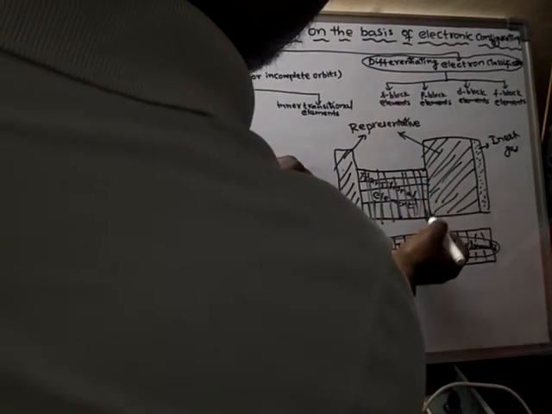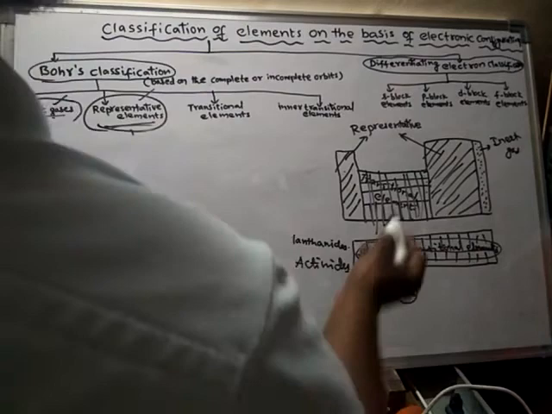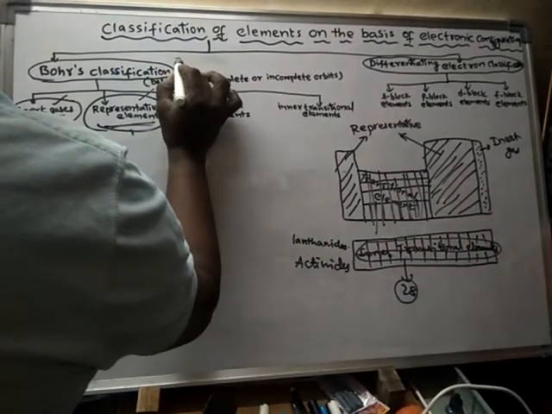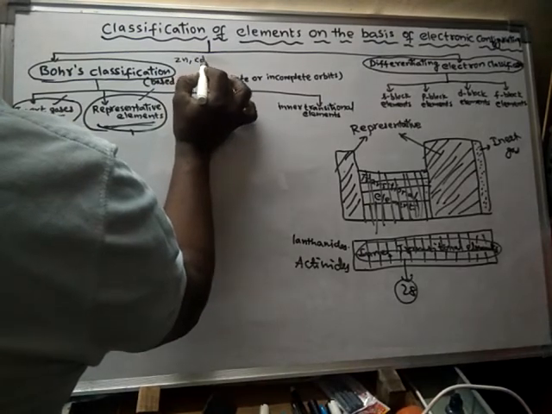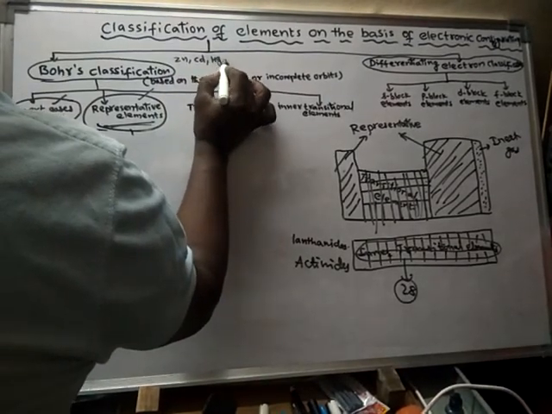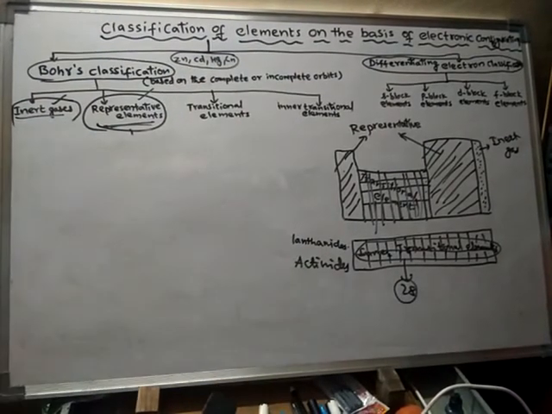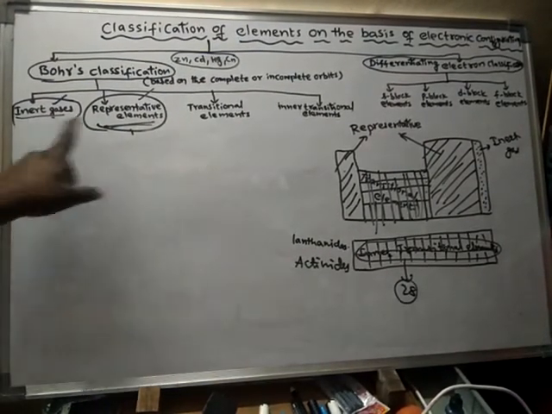In the last group, in the middle, you will find zinc, cadmium, mercury and copernicium. See, these elements are not included in any of these classes.